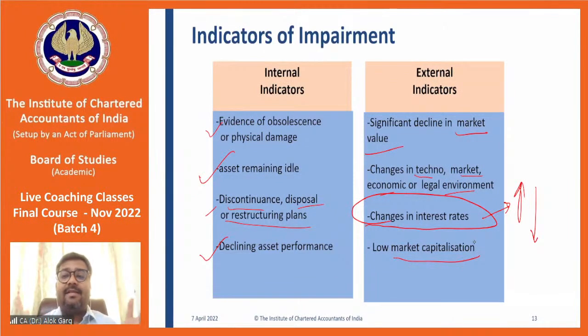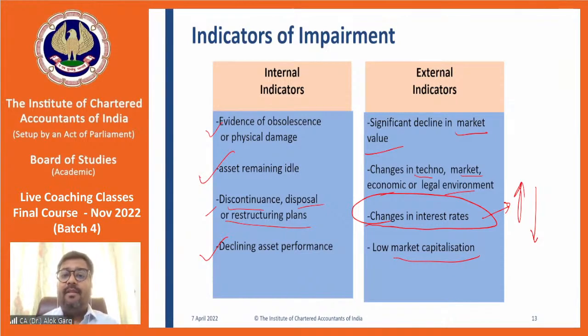If these indicators are there, then I have to do the impairment testing in detail. Is it clear? Clear, guys?